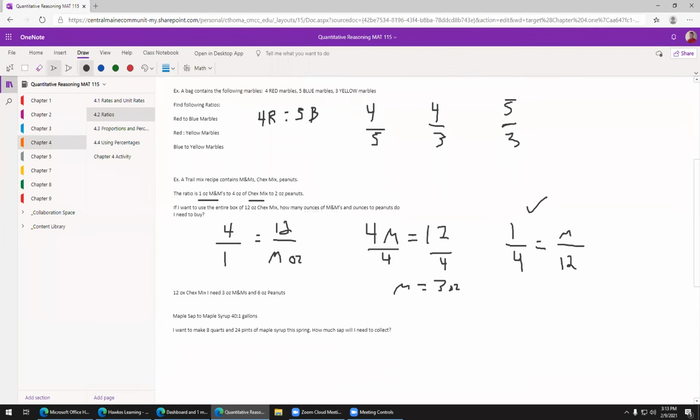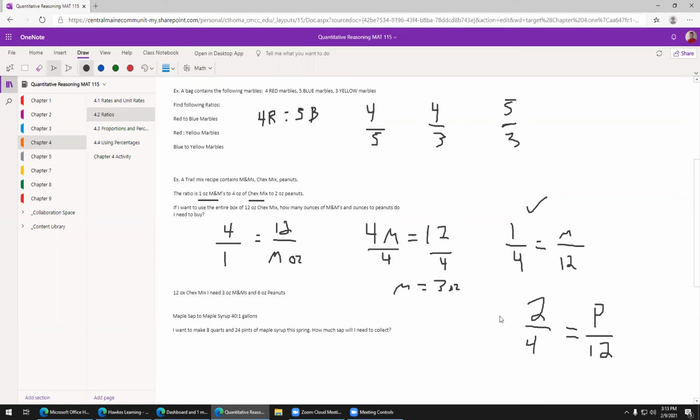And I see Tanner's already solved the peanut one, but it's the same thing with the peanuts. I'll do P on top. So what's peanuts? 2 ounces of peanuts to 4 ounces of Chex gives me my peanuts to my 12. And because P is on top, this makes it a little bit easier.